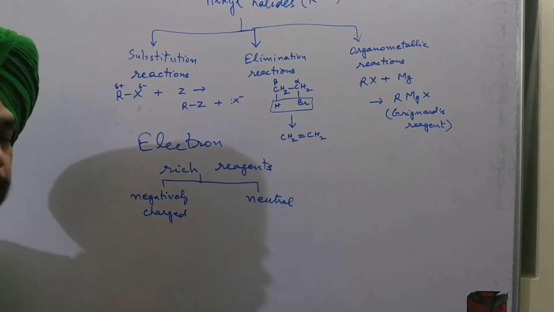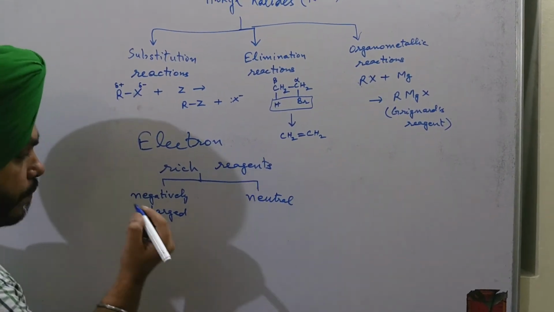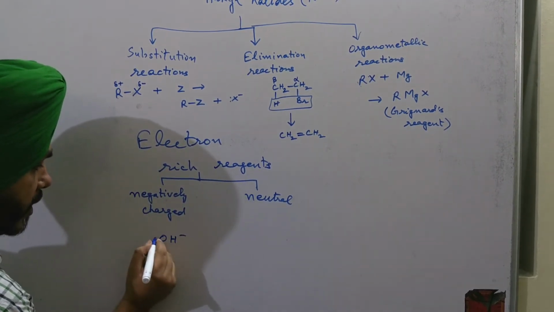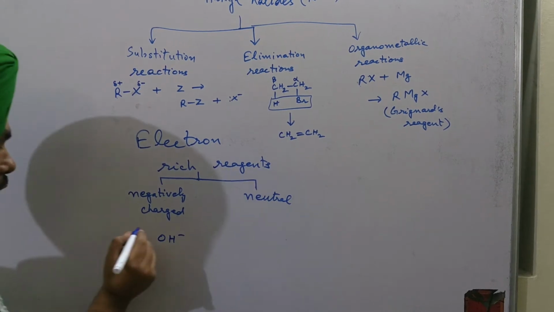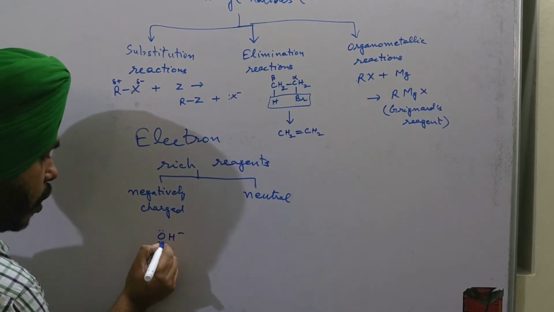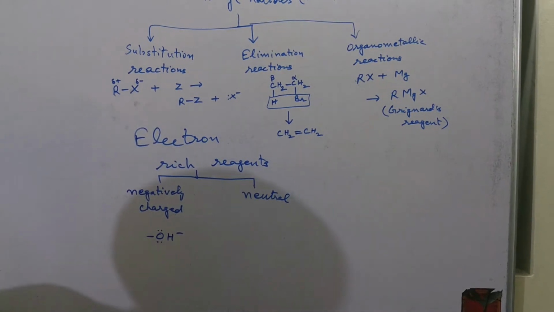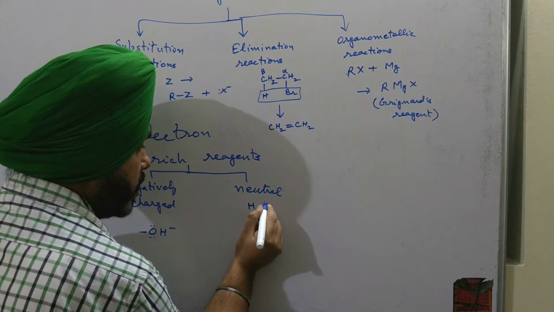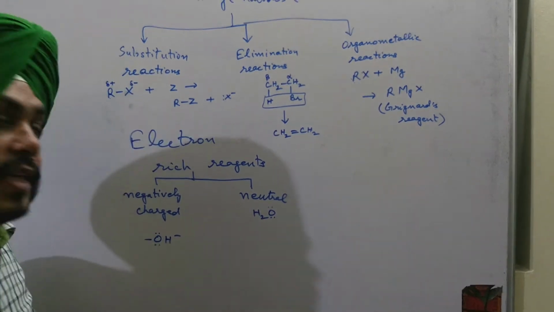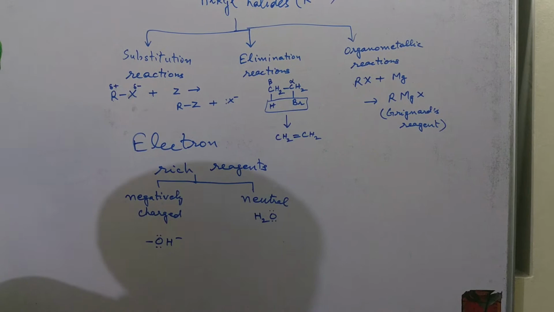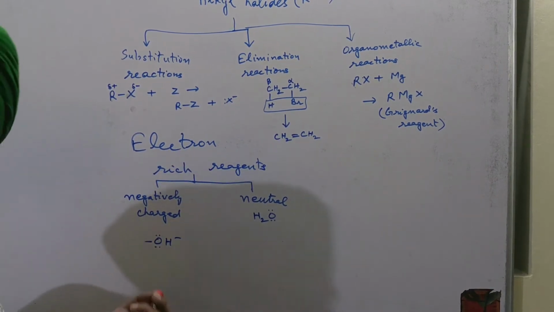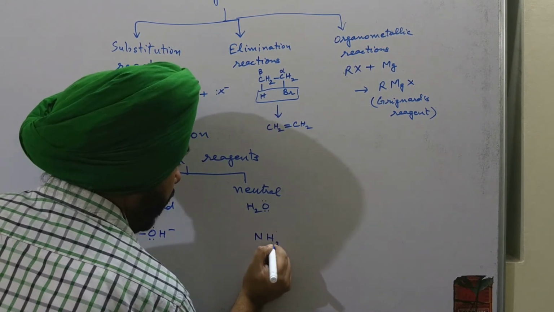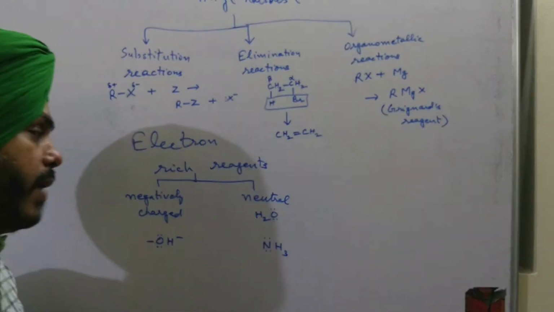The prime example of a negatively charged electron rich reagent is OH negative. It has a negative charge as well as an excess of electrons on oxygen. A neutral reagent can be water, because in water the oxygen atom has two lone pairs, so it is electron rich, but it doesn't have a charge, so it is called a neutral electron rich reagent. Another example is ammonia. There can be many examples.